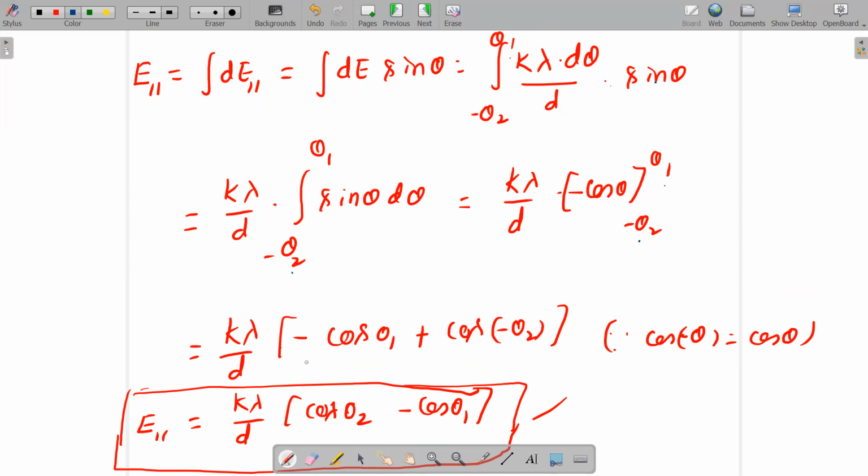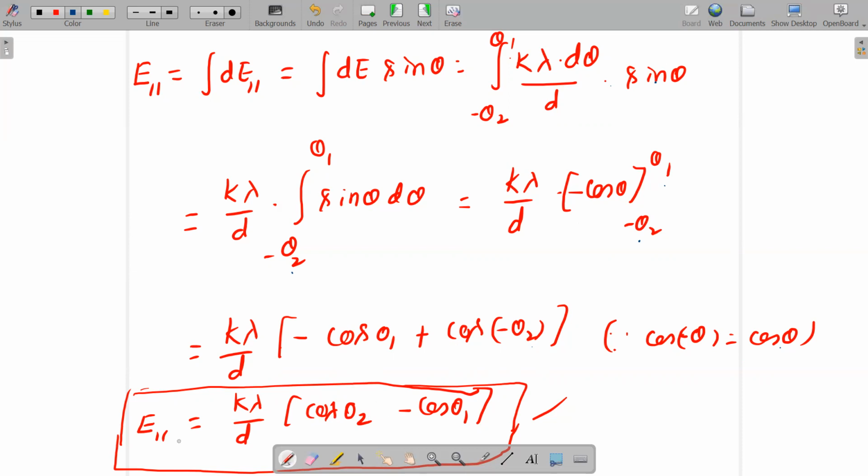By applying the limits again, we get minus cos theta 1 plus, why plus here? So minus cos theta 1, minus of minus becomes plus, cos of the lower limit minus theta 2, but cos of minus theta is cos theta, so we write this as cos theta 2 only. So we get minus cos theta 1 plus cos theta 2, and bringing the positive term first to the left, it becomes cos theta 2 minus cos theta 1.